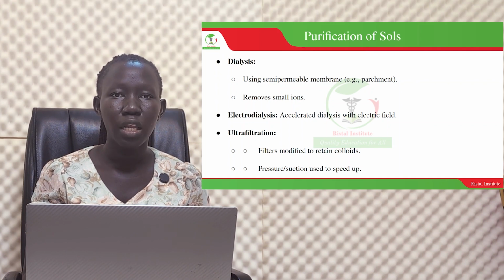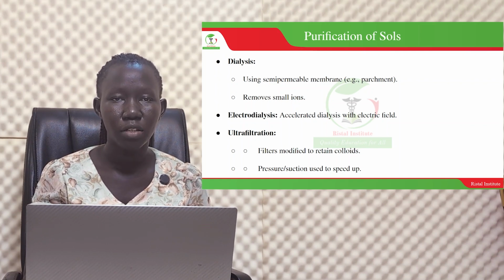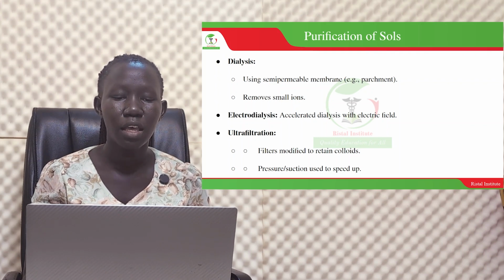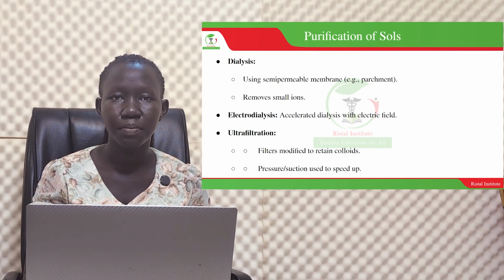We can also use electrodialysis, where an accelerated dialysis is used with an electric field. Also, ultrafiltration is one other method. Here the filters are modified to retain colloids, and then pressure is used to speed up the process.